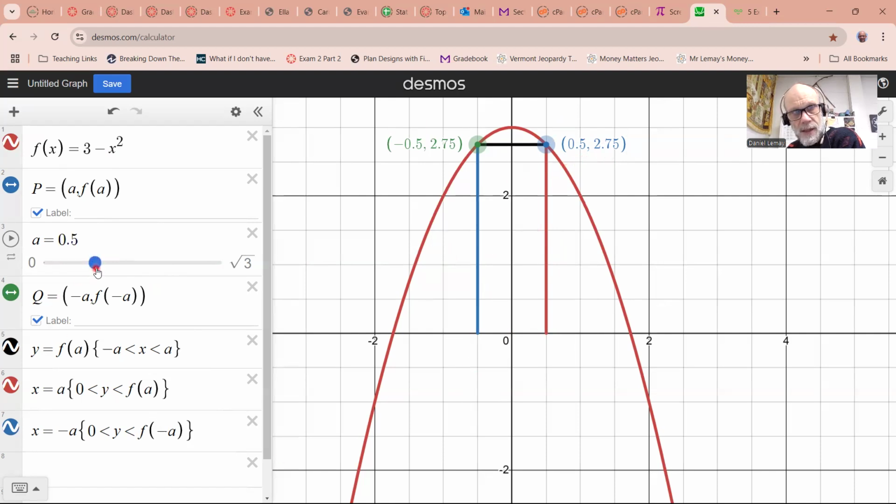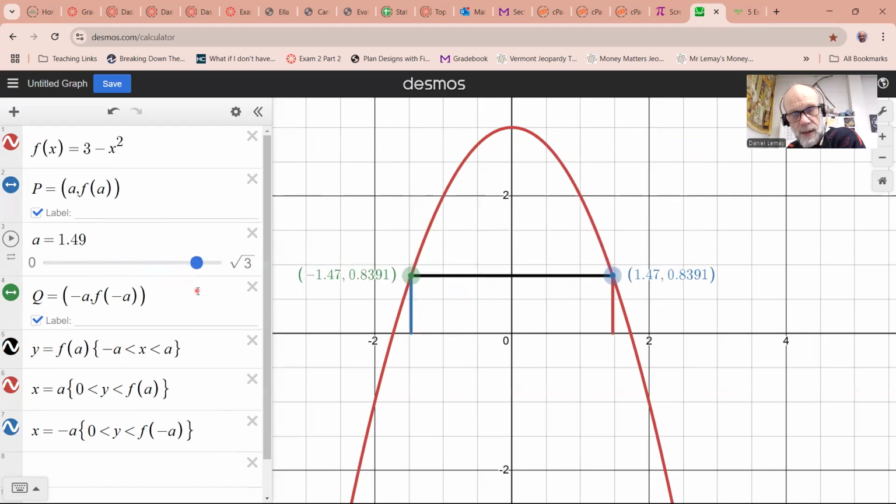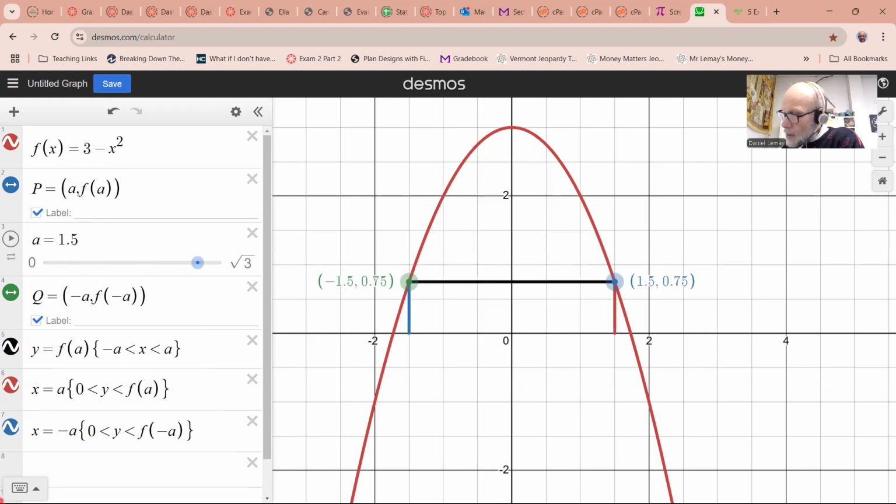If we went the other way, to 1.5, that might work. That's 3 wide by 3/4 high. What's 3 times 3/4? Isn't that 9/4? So that's 2 1/4. So that area is 2 1/4 square inches.